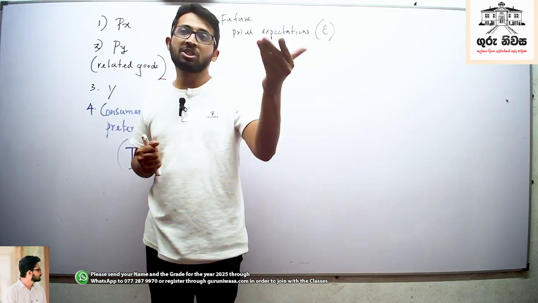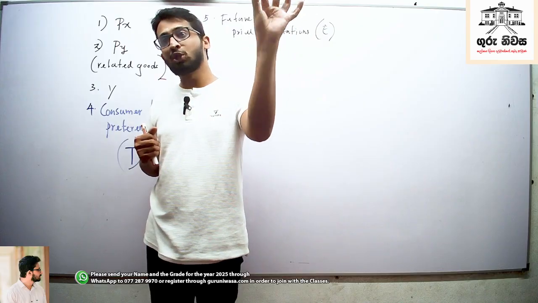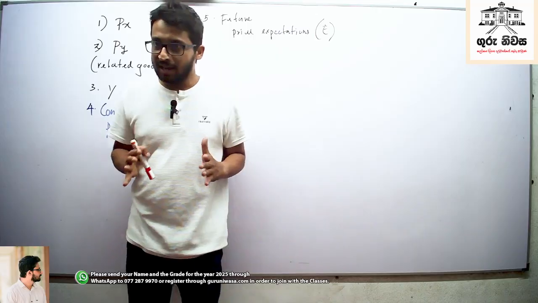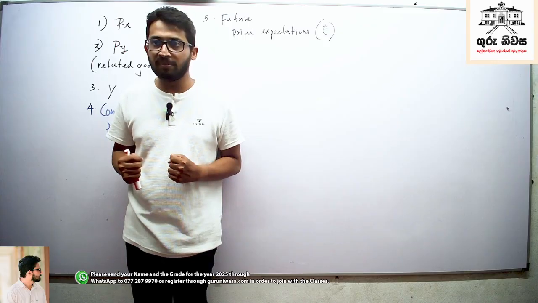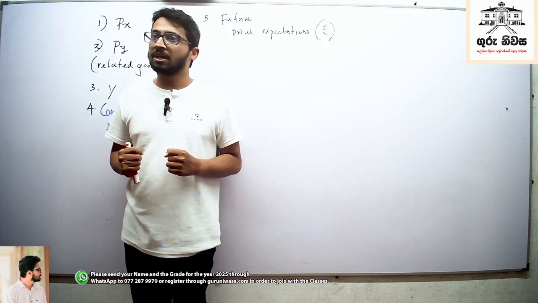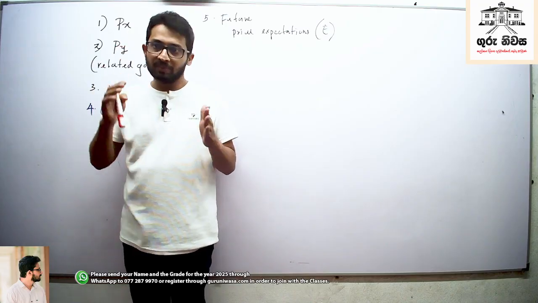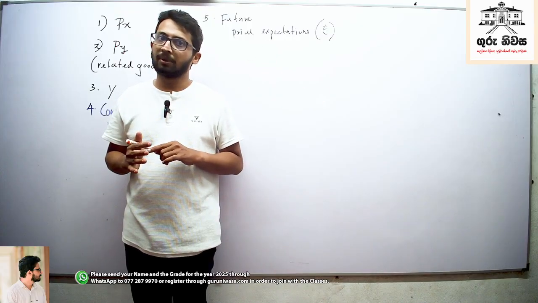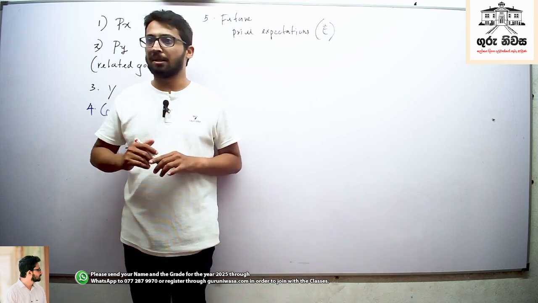So the future price is expected to decrease. Understand? Not today's price. We are talking about current demand, but sometimes people expect this product's price will decrease in the future.